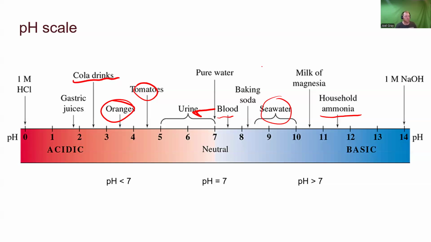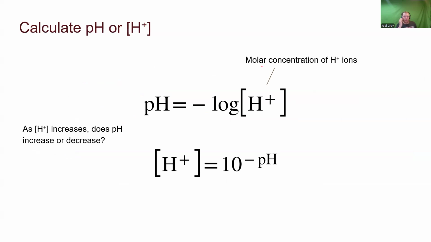Okay, now when it comes to calculating pH, all that we care about is hydrogen ion concentration. This function in your calculator is the negative log function. In order to calculate the pH of something, you take negative log of that hydrogen ion concentration.